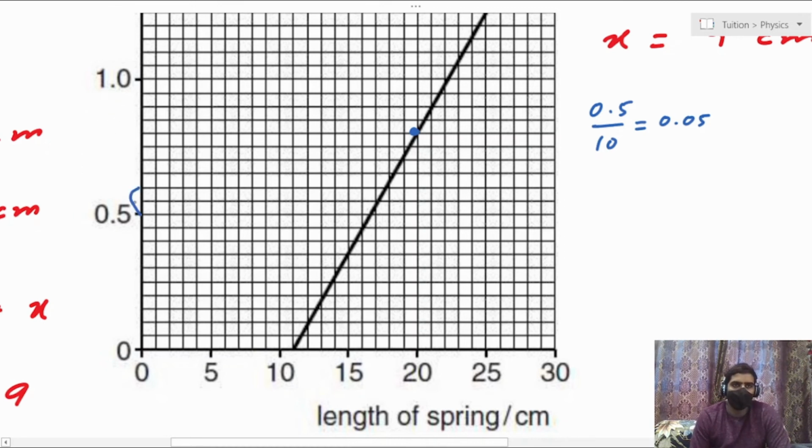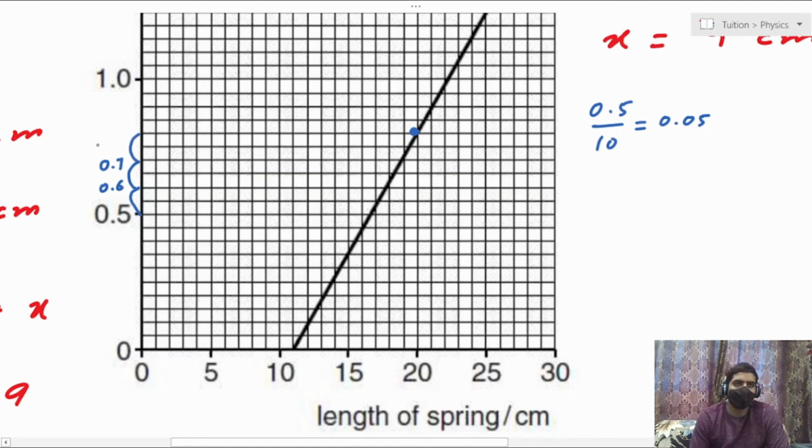So after two lines you'll be getting 0.6. And likewise after the next two lines you get 0.7.